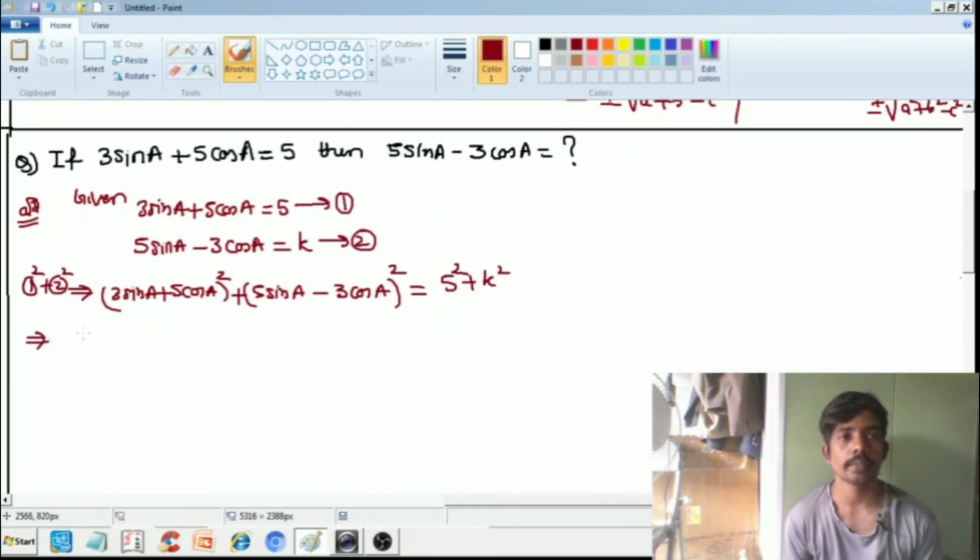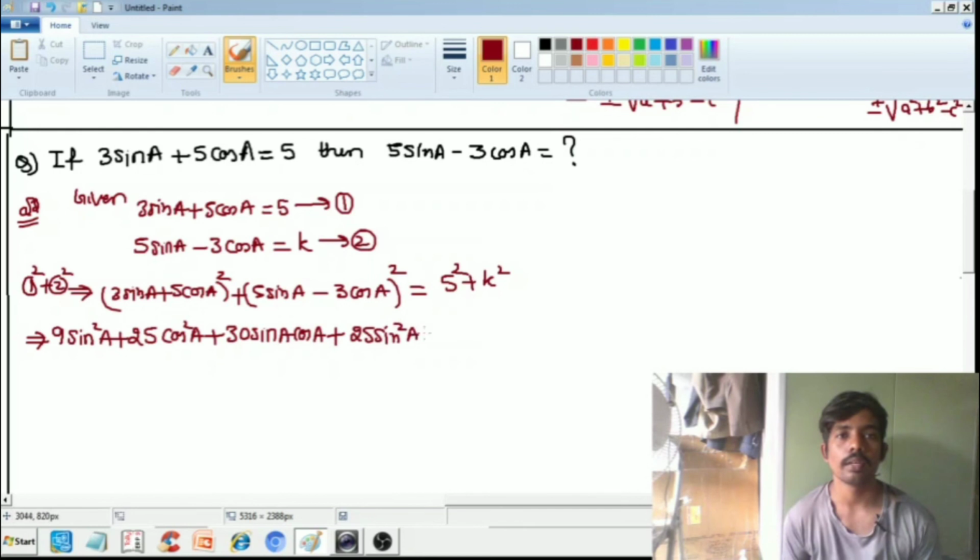From here I am expanding using the a plus b whole square formula: 3 3s are 9 sin square a plus 5 5s are 25 cos square a plus 2 into 5 into 3, 30 sin a cos a. In a similar way, 5 5s are 25 sin square a plus 3 3s are 9 cos square a minus 30 sin a cos a is equal to 25 plus k square.